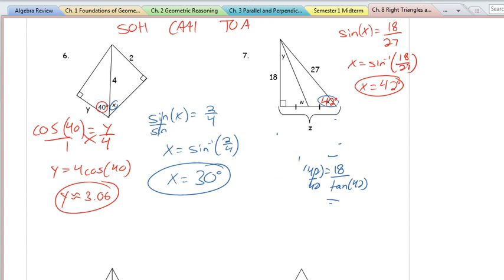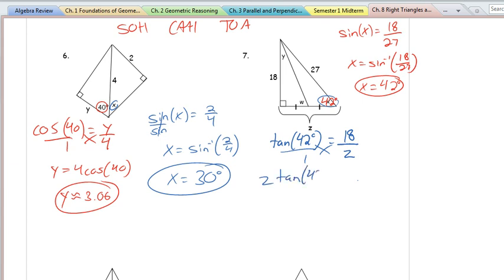I went back and fixed it, so sorry for that little glitch there. So I was saying that it's the tangent of 42 degrees is the opposite, 18, over the adjacent, which is z. Opposite over adjacent. Cross multiply, so that's z times the tangent of 42 equals 18.